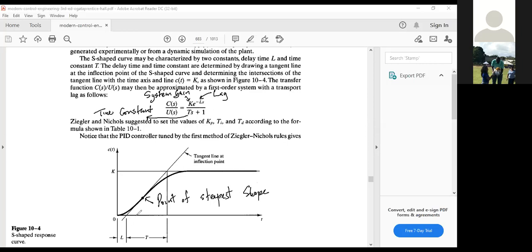And then where it cuts the axis and where it crosses the line for the gain, that distance would be our time constant. But we had said that you could work out the time constant by finding 63% of the final value. That's T, would be 63% of the final value.